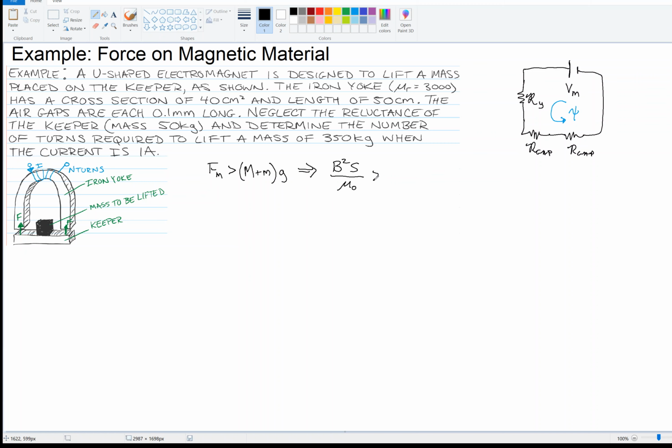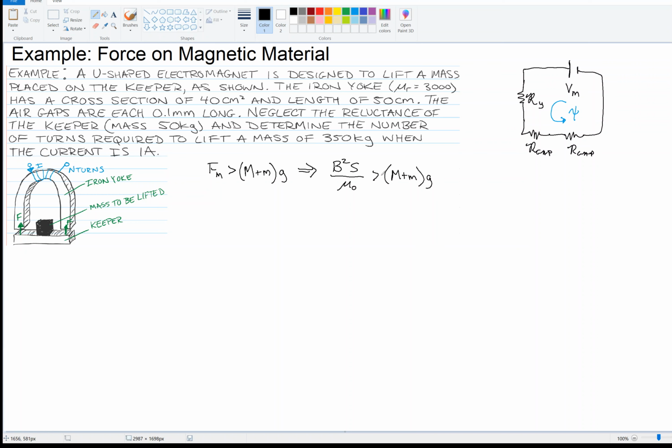And so that has to be greater than capital M plus little m, the total mass, the keeper and the mass, times gravity. Now if I work this a little bit, all of these things are positive: S, the area, mu 0 is positive, mass, gravity. We're taking gravity as 9.8 because we've already said that this is in the negative direction, so the positive direction has to be greater than the negative direction.